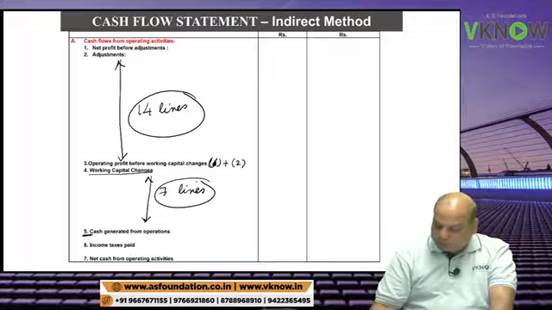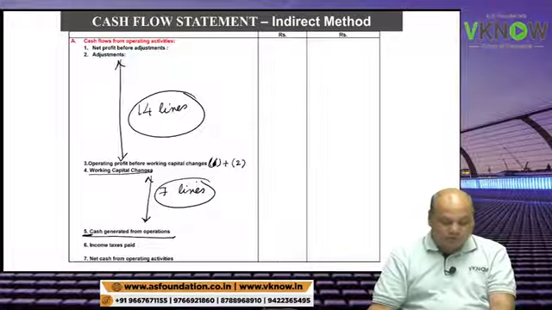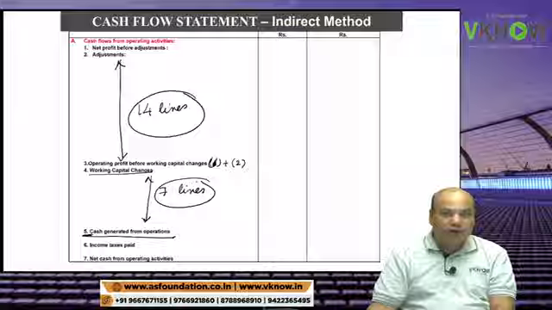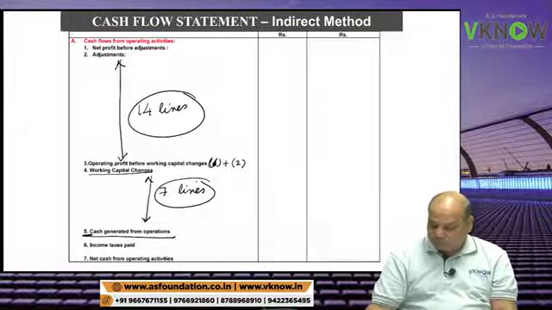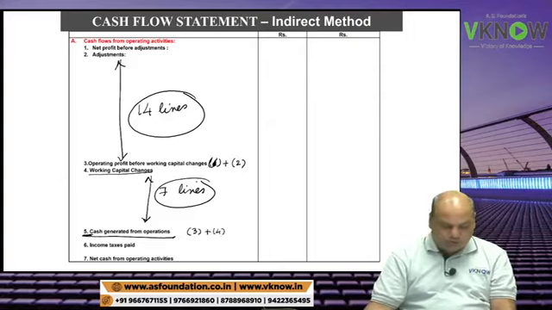Then point number 5, cash generated from operations. This will be point number 3 and point number 4.